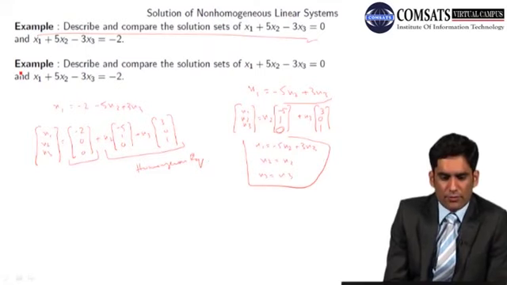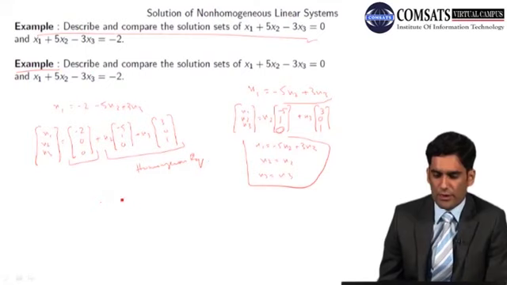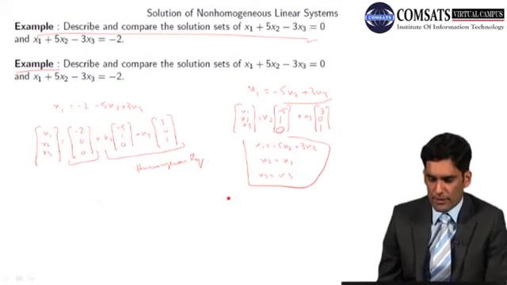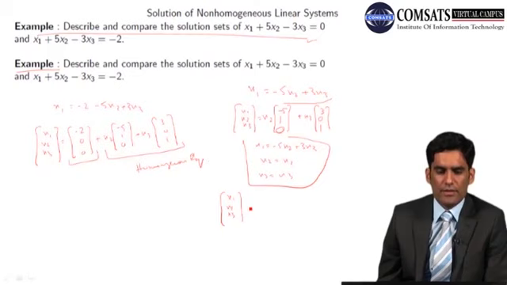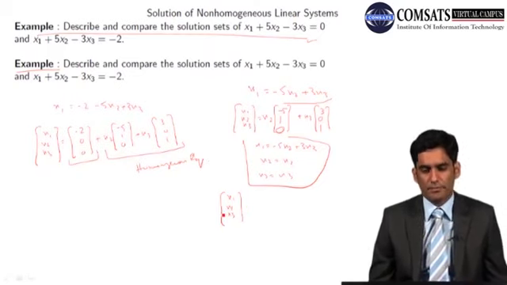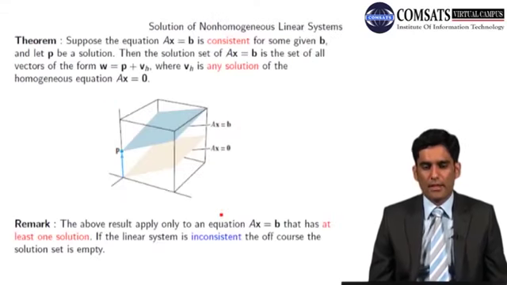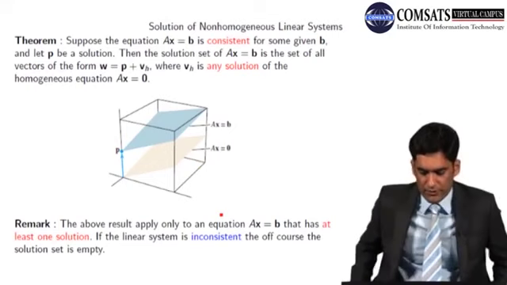Similarly, we can do this exactly for the second example, and I am directly going to write down for the homogeneous system x1, x2, and x3 for the second example. In fact, these are the same examples, so we will have the same answer for these two. So we are arriving at a very important result.